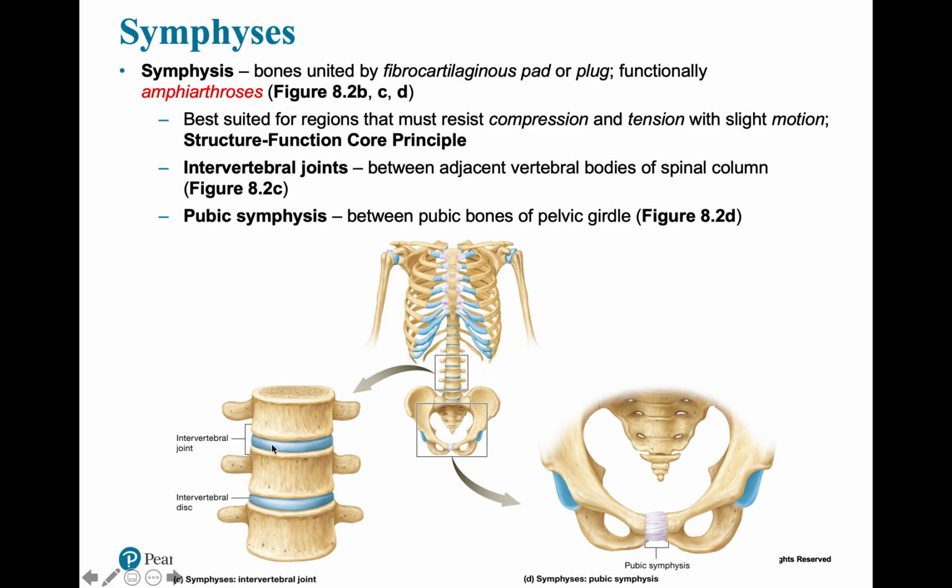If I were to give you this location or this location and ask you to classify this joint based on the structure, you would tell me cartilaginous. So you should be able to give me specific locations of each of these joints. If I give you a joint, you should be able to tell me the specific name. You should be able to classify it based on function. You should be able to classify it based on structure, okay?